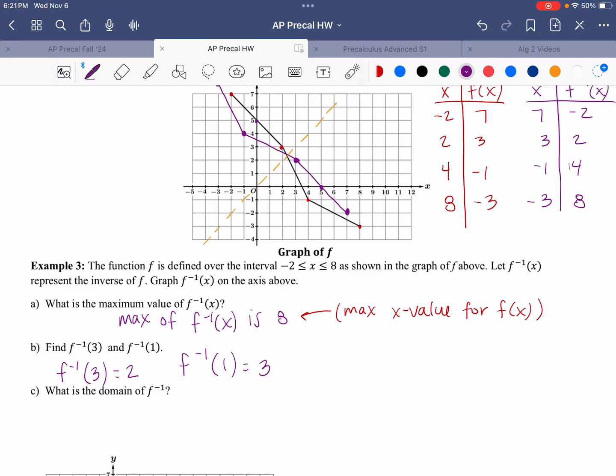But what we can do is we can check when y is 3 on f of x.